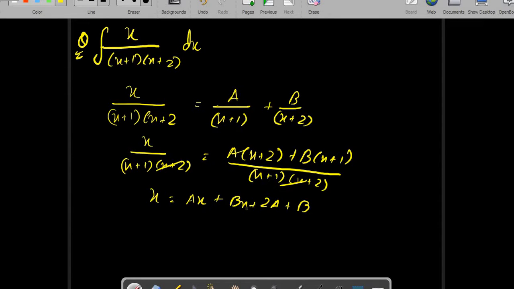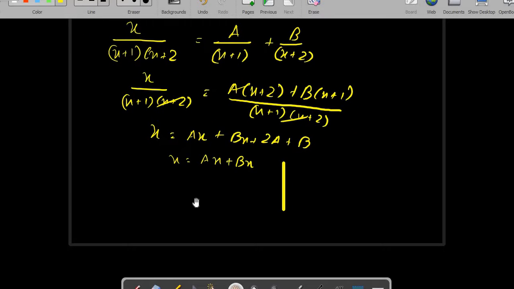There's no constant on the left, so that would be 0, so 2A plus B equals 0. Taking x common, 1 is equal to A plus B.